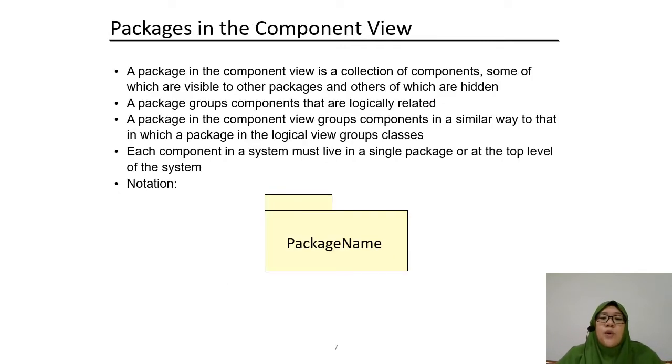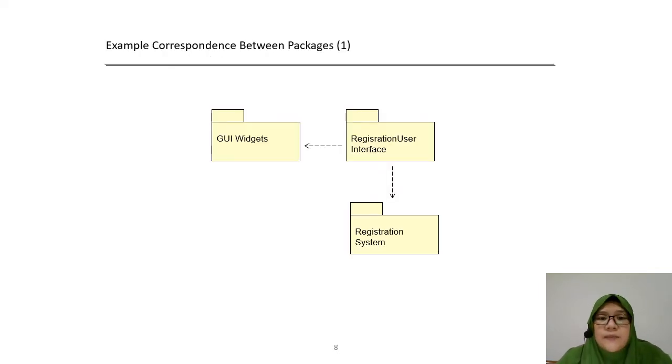Okay, so then we talk about packages. We know a package is where you group a few components. For example, you have a registration user interface, and you put that as a package, because your interface consists of a few components, a few files, HTML files or PHP files.